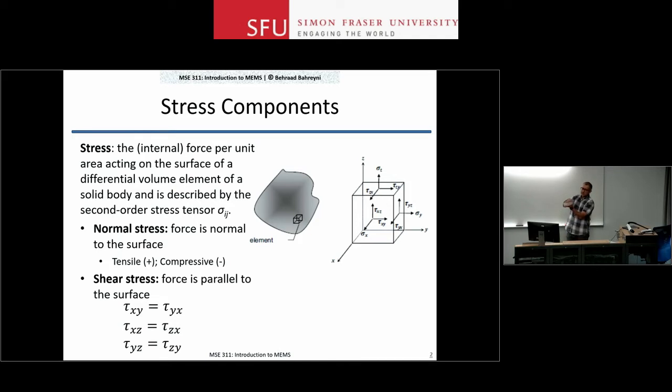In this case, when I apply a normal stress, I expect the dimensions to change. When I apply a shear stress or shear force to this structure, I expect the angles to change, right? And the material to deform, to change shape in two different ways when we have shear or normal stresses.